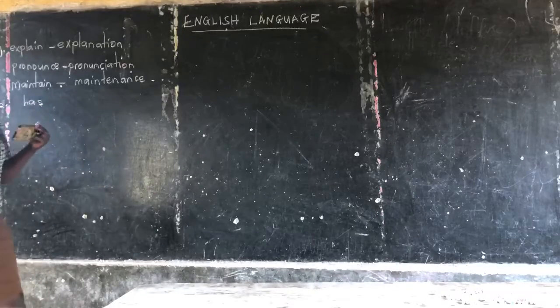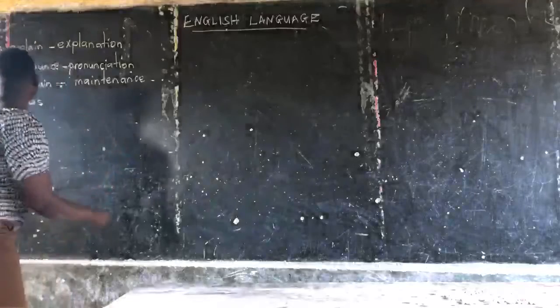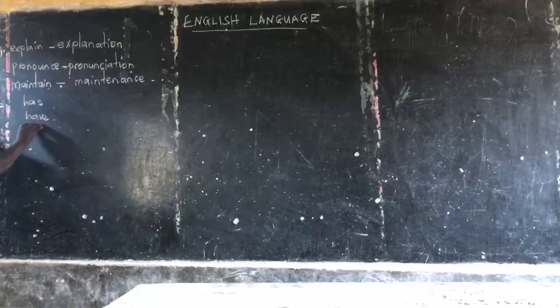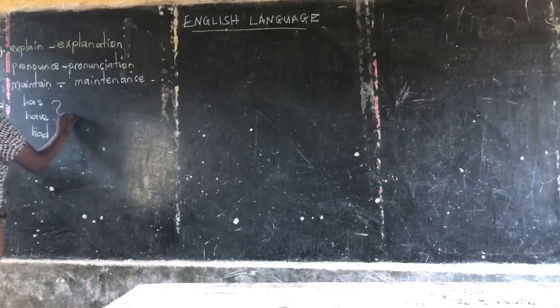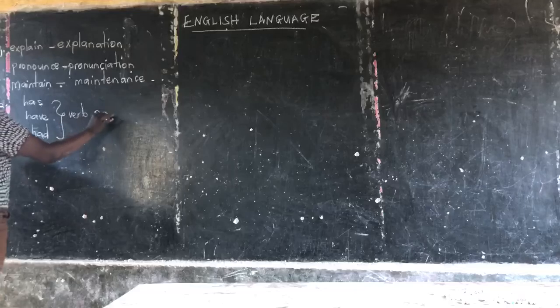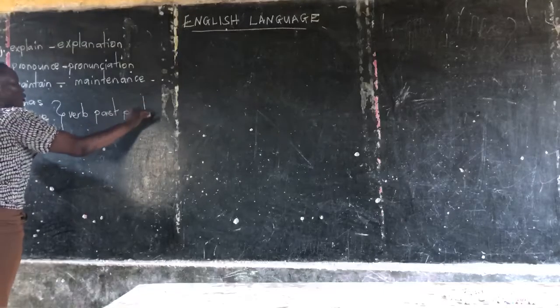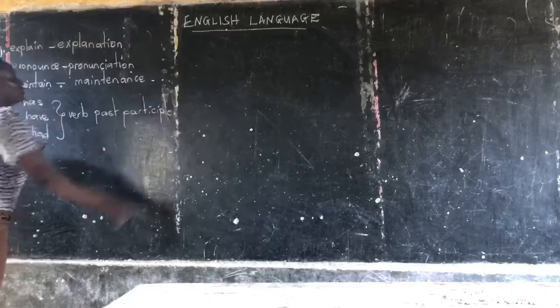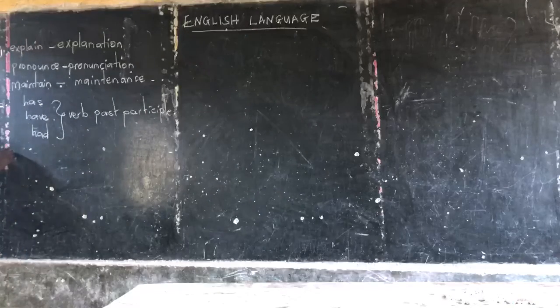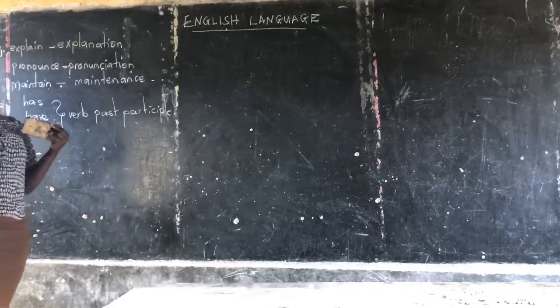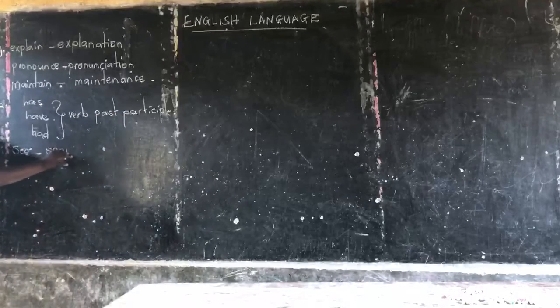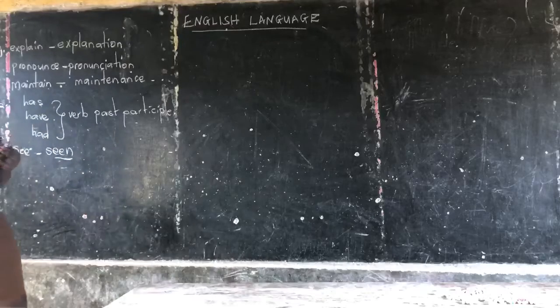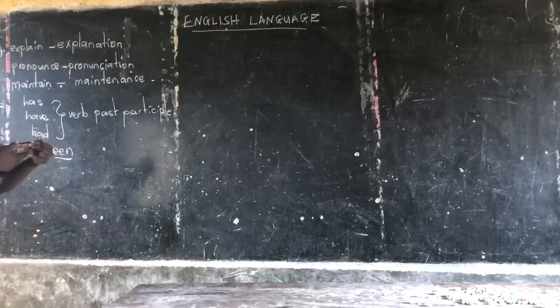In most cases, when you have has, have, and had, we normally look for the verb in the past participle. Our word in brackets is see, and the forms are see, seeing, saw, and seen. So that means Ameria has never seen a lion.